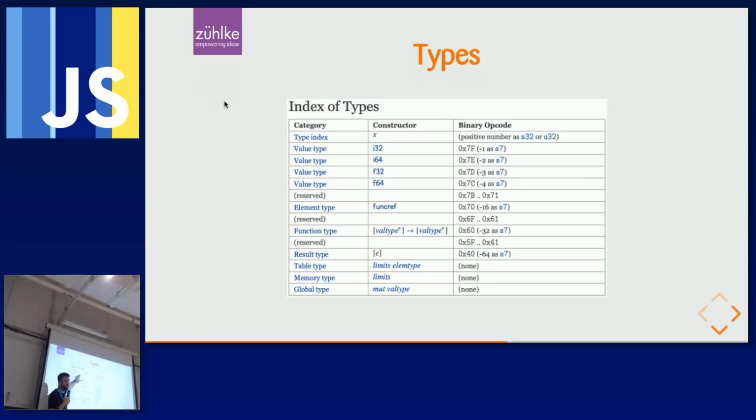We have integers, 32 and 64 bits. We have floats, 32 and 64 bits. And we have function refs. And this is pretty much all we have that we can actually use for the first couple of exercises. We will basically be sending integers forth and back. So that's kind of a limitation, but this is being worked on too.